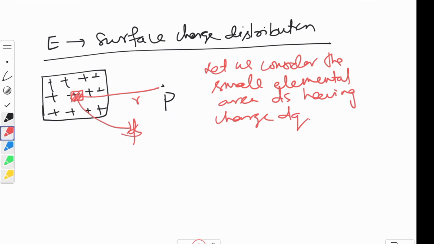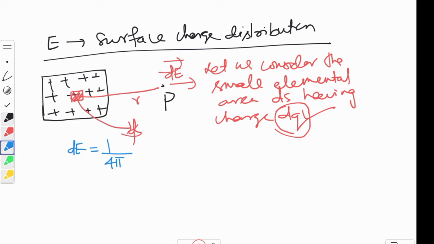Since it is a very small charge, we can treat it as a point charge. Now the electric field due to this dq will be how much? It will be dE like this. Now your dE will be how much? It will be 1 by 4 pi epsilon naught dq by r square.